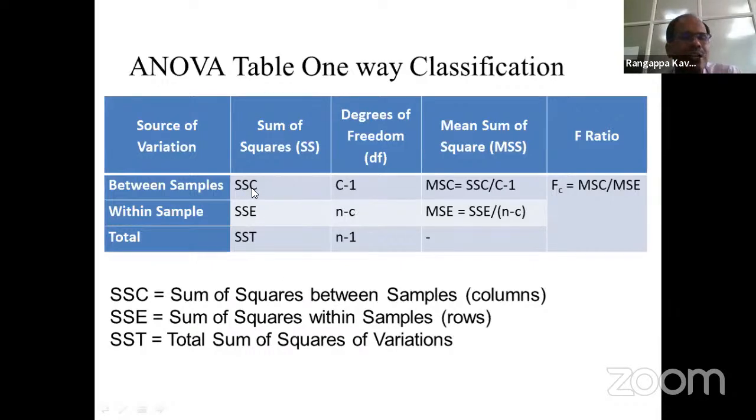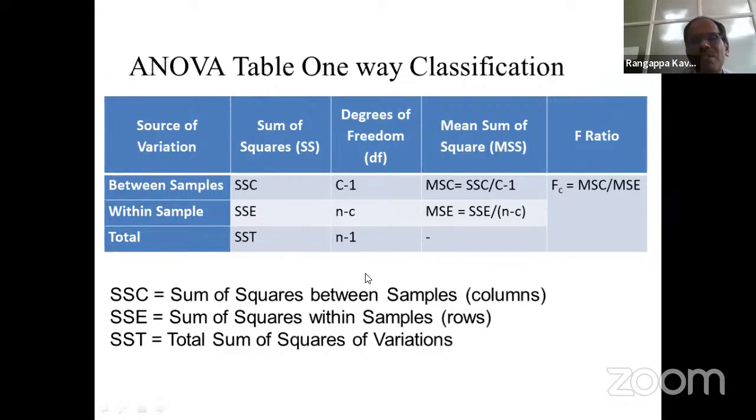SSC is the sum of squares between the columns, if you take the samples in the columns. Then there is the sum of squares within the samples, the rows, and SST, the total sum of squares of the variations. The degrees of freedom are given.